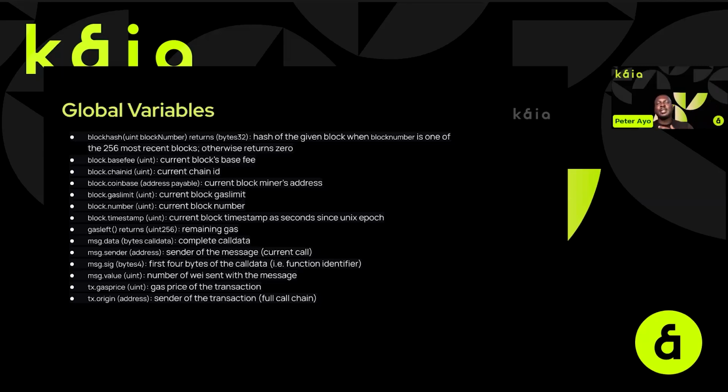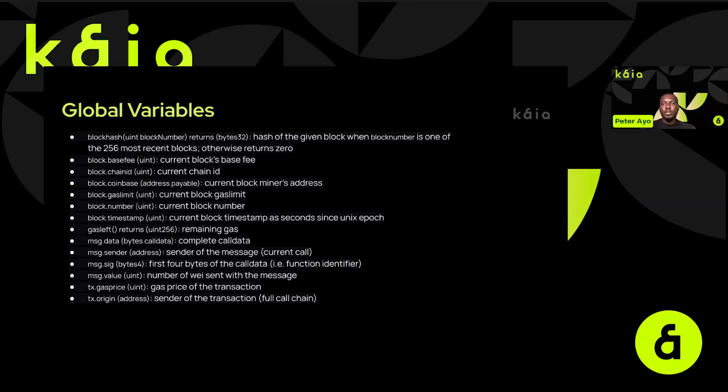And if you pass in one that is not recent, it returns 0. Now we also have block.basefee, which basically returns the current block base fee. The base fee is basically the minimum gas fee that is required for a transaction to be added to the block, right? So this is what block.basefee is.